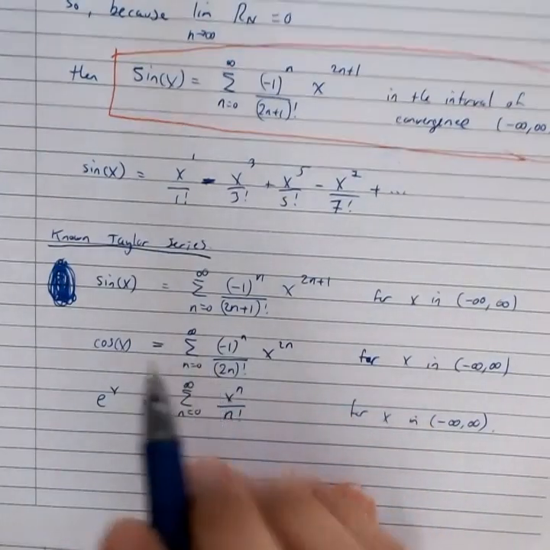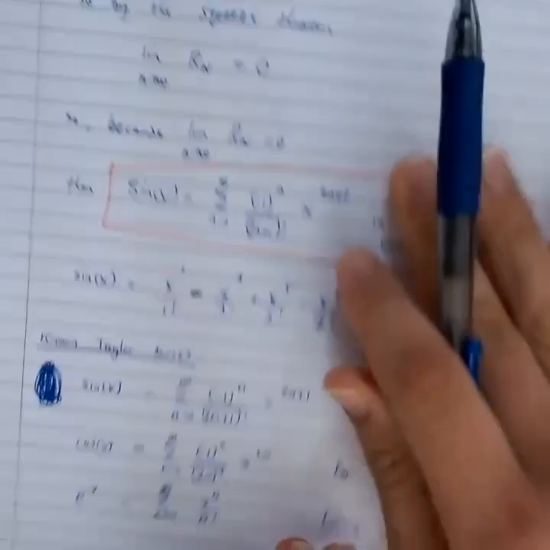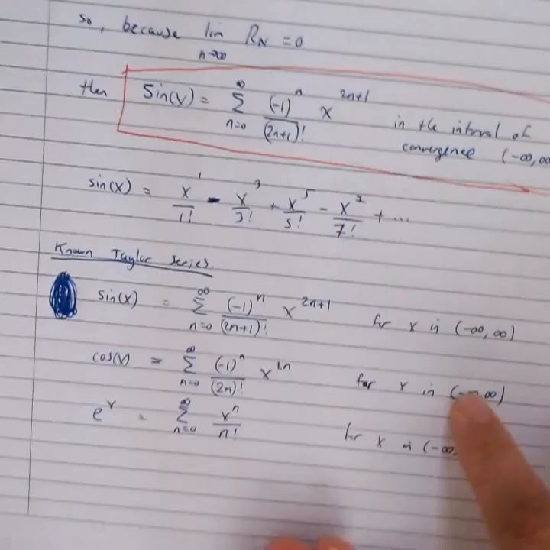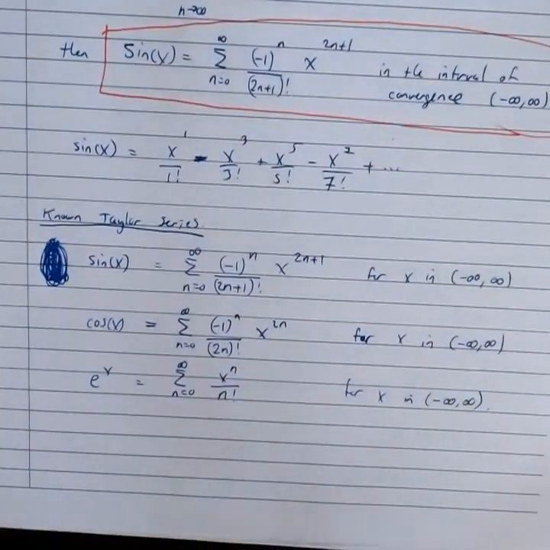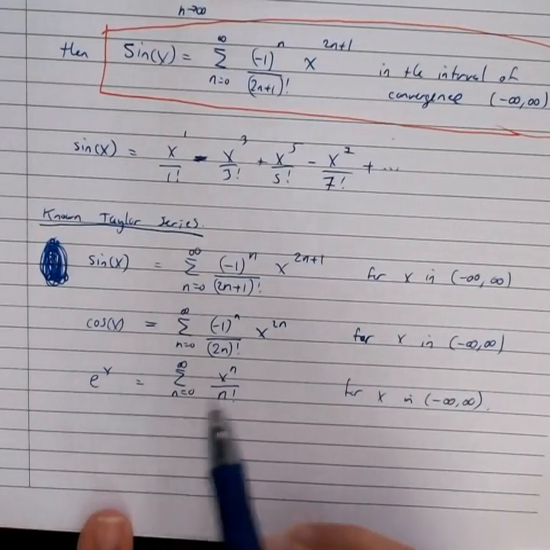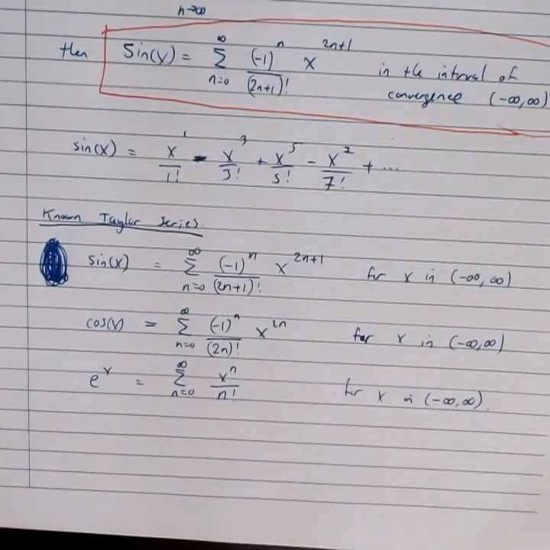In reality we should go through and check its interval of convergence, and we should check to see that r is going to 0 as n approaches infinity. But it does turn out that both of those things are true for this series. And so here we have our Taylor series of some well-known functions: sine of x, cosine of x, and e to the x. This generates this and is equal to this. This is equal to the series that it generates.